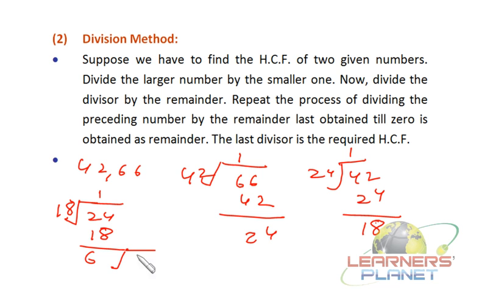Now 18 divided by 6, 6 threes are 18, so I'm getting 0. So I got 0 when I divided 18 by 6. Hence 6 is the HCF, that is, the last divisor is the HCF of 42 and 66.